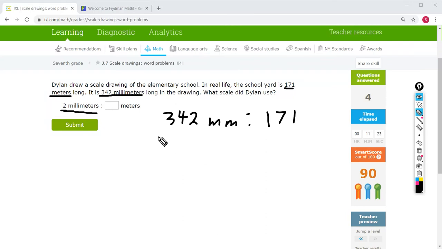Okay, now we have to think to ourselves, 342 divided by what number is equal to 2? Okay, 342 divided by what is equal to 2? Now, how are we going to figure that out?